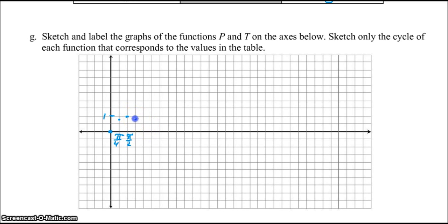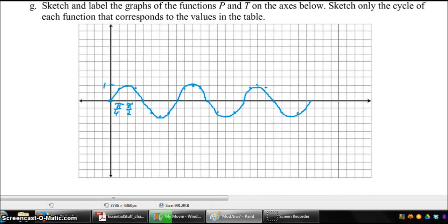Then we come back here. We go to 0. Then we go to negative 0.78, negative 1, etc. Okay, so something like that.